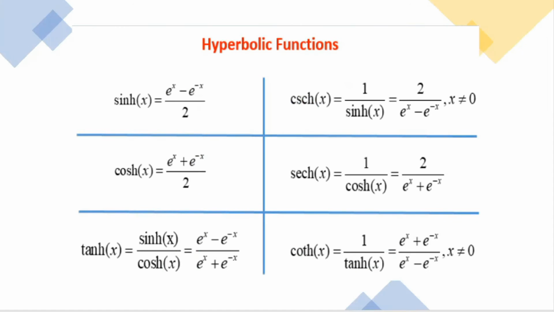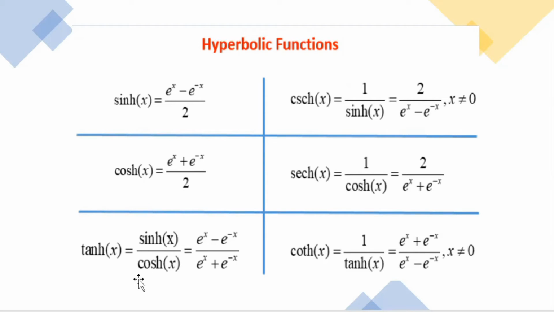And the next slide is about the definition of hyperbolic functions in terms of exponential functions. So I have number one, the hyperbolic sine of x is equal to e raised to x minus e raised to negative x all over 2. And hyperbolic cosine of x is equal to e raised to x plus e raised to the negative of x all over 2.